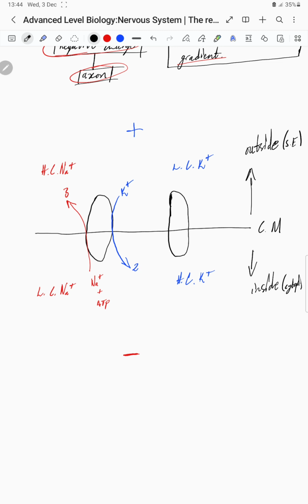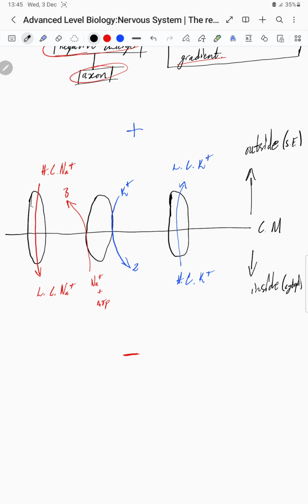We said channels. Now we've got sodium ions which are moving in from high concentration to low concentration. This is passive diffusion. And on this side we also have the same channels, moving from high concentration to low concentration.